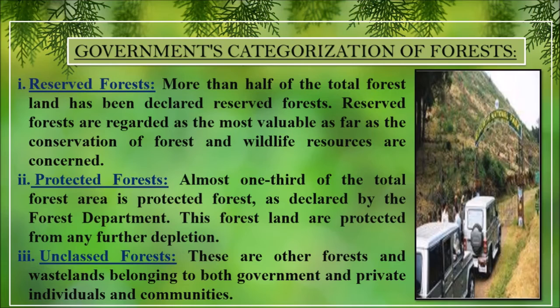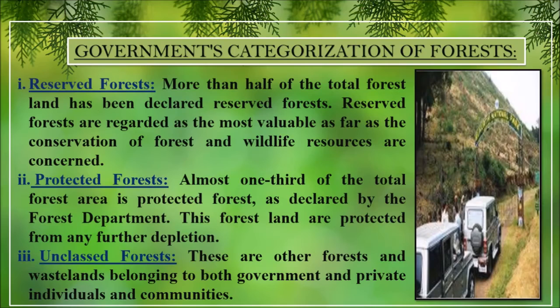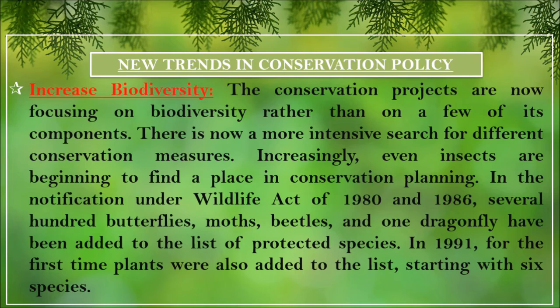So, all of the northeast states along with parts of Gujarat have high proportions of what? Unclassed forests, which are not categorized as either reserved or protected. So, this is the clear explanation for the conservation policy, and then children, the reserve forest, protected forest and unclassed forest. Understood clearly?